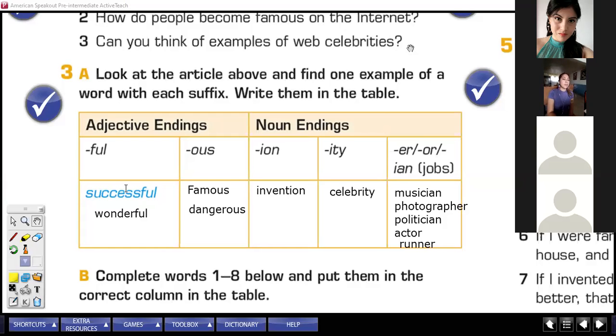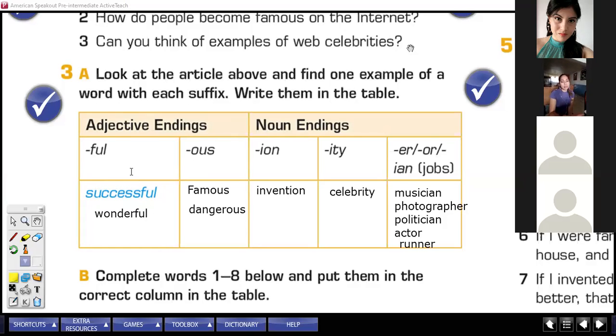Si aprenden estos, les llaman sufijos. Si aprenden estos sufijos, que son las partículas que van al final, y saben identificar que cuando vean full va a ser un adjetivo, o cuando vean ous va a ser un adjetivo, entonces les va a ayudar a leer más rápido, porque van a tratar de adivinar o predecir el significado.